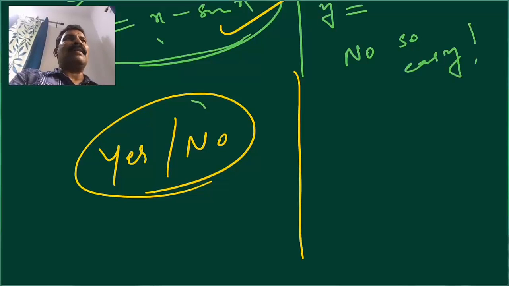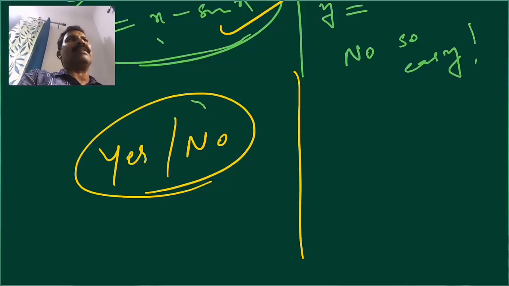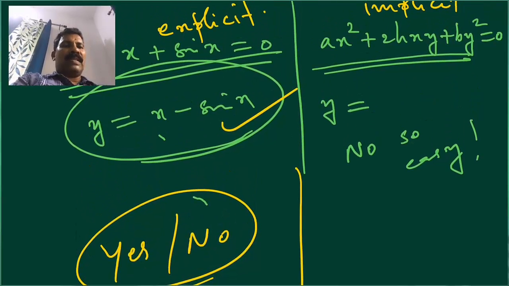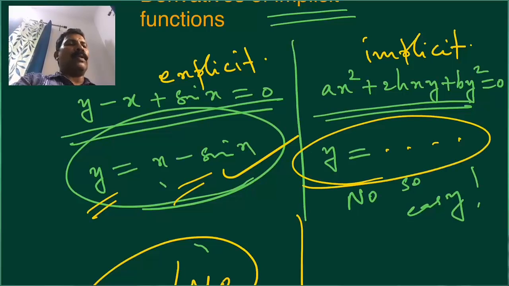So there also the final answer is a yes or no. But in order to conclude whether that person will go to Delhi, we have to manipulate something, that's all. So here you can see that explicit function means directly we can conclude the y value in terms of x. But here it is not so easy to conclude a y value in terms of x, that's all.